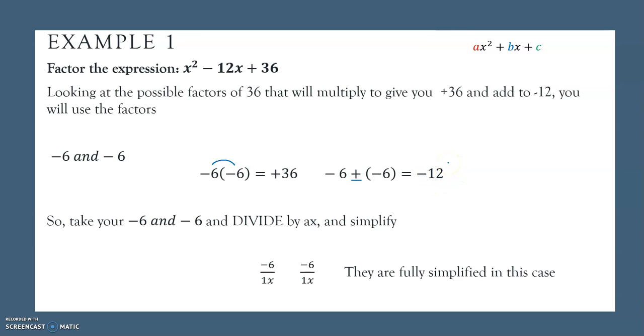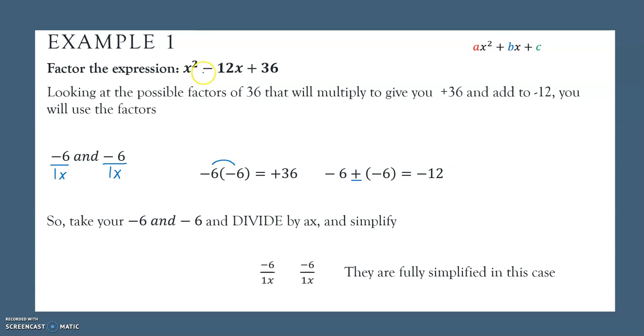Now that you have found your two factors, you want to take these two factors and divide by your A coefficient multiplying the variable x. Your A coefficient multiplying by your variable x, because this is x squared.